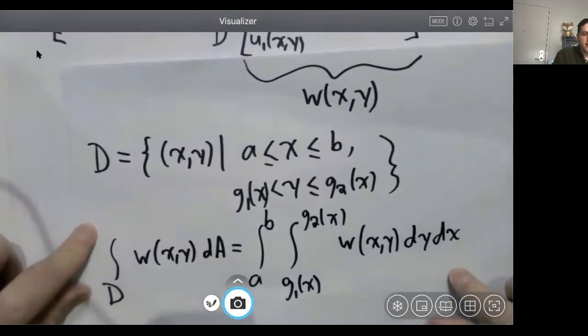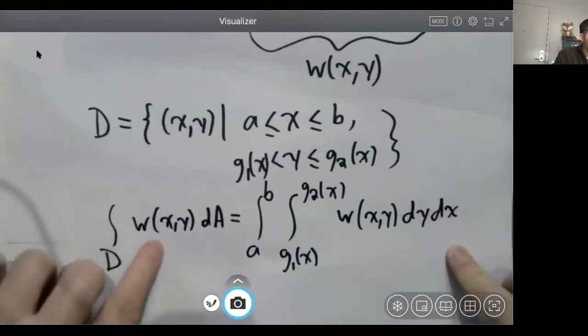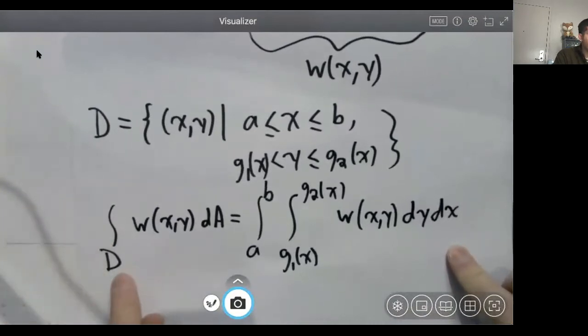This is the formula that we learned earlier for how to integrate a function of two variables over a region D of type 1 in the plane.